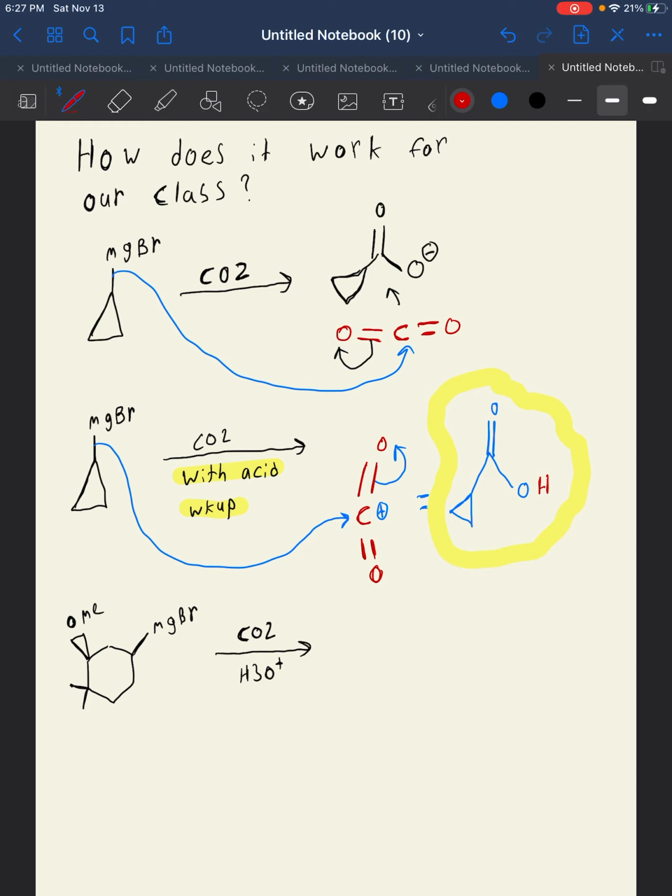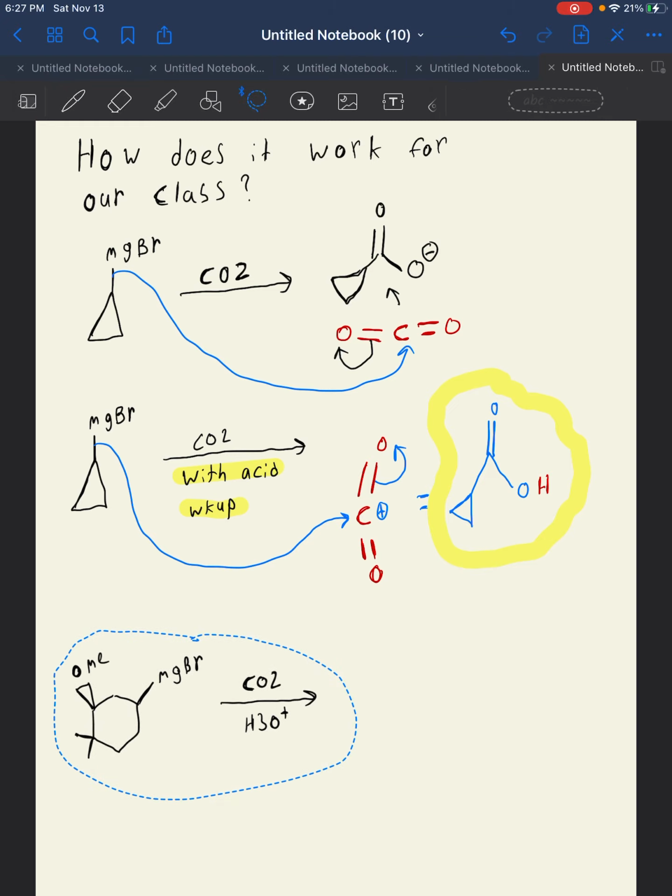Looking at the final question, let's see how this one works real quick. Let me move it down here. So all I want you to do is ignore all this stuff. The only thing we really care about is the Mg and the CO2. So once again, carbon, 2 double bonds to oxygen, resonate one up, making this oxygen negatively charged, making this carbon positively charged.